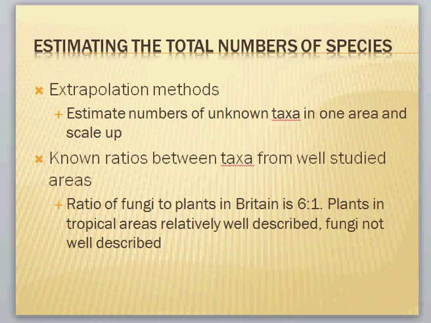So we're trying to estimate the total numbers of species on Earth by using predictive methods such as extrapolation methods. For instance, estimating the numbers of an unknown taxa in a known area, and scaling up.